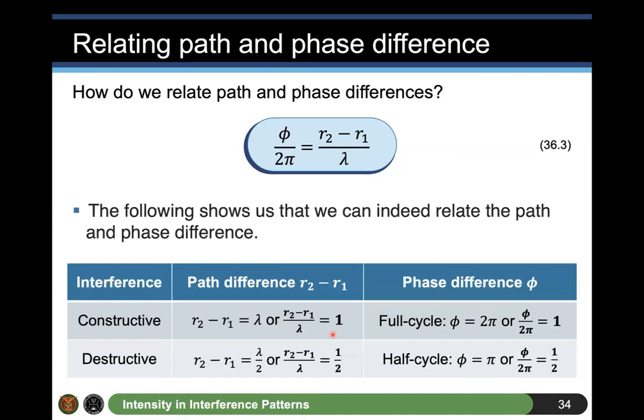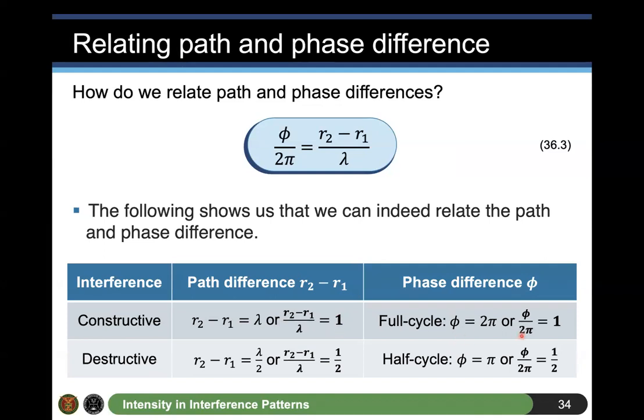So, we get this ratio, which is just 1. Okay? So, yung path difference na ratio, itong R2 minus R1 over lambda, will be always 1 for constructive interference.